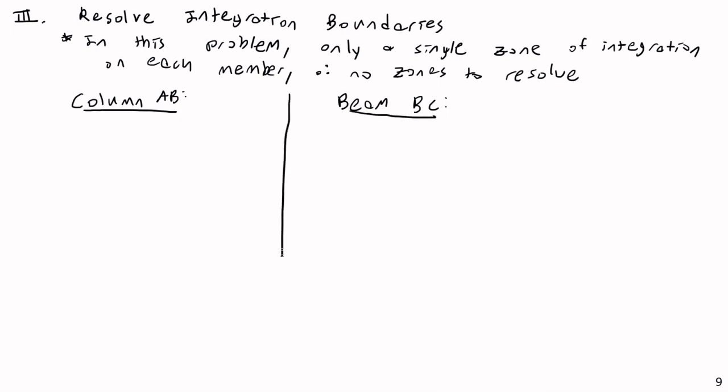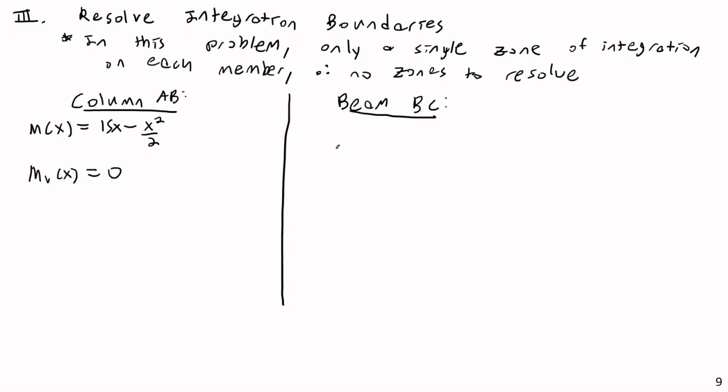I'll just go ahead and summarize the real and virtual moment here. The real moment is going to be, for column AB, 15x minus x squared over 2. And the virtual moment, m virtual as a function of x, is just going to be 0.